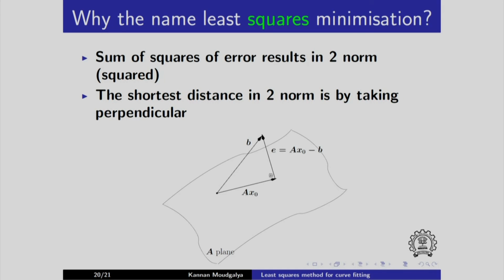Remember, we dropped a perpendicular to identify the closest vector. This is the smallest error in 2 norm, and we took 2 norm because we took squares of errors. We did not take absolute values, we did not take the largest value, but we took the squared error. That is the reason why this is called least squares minimization.